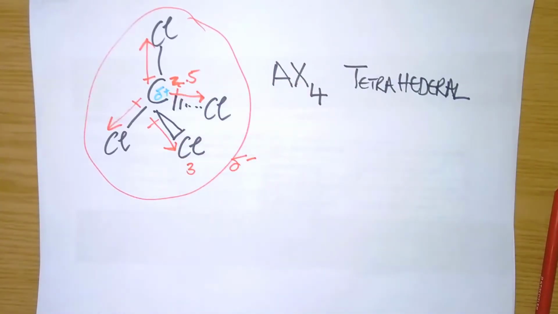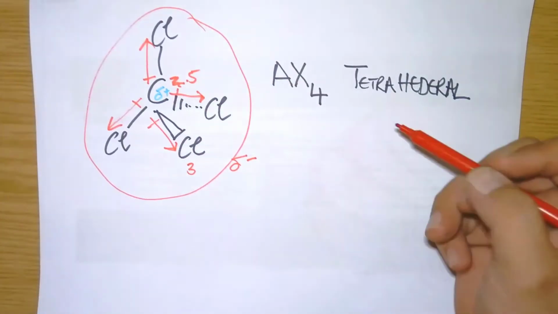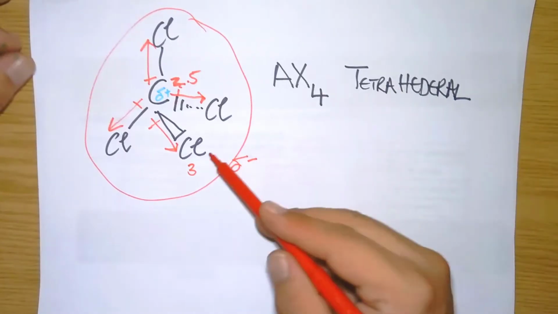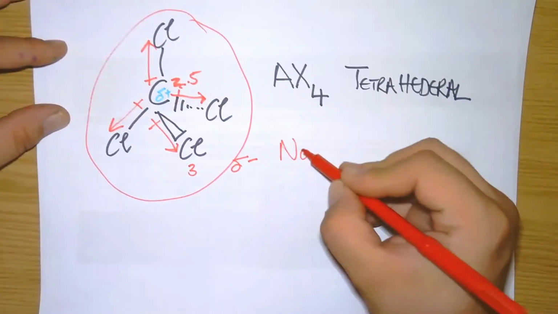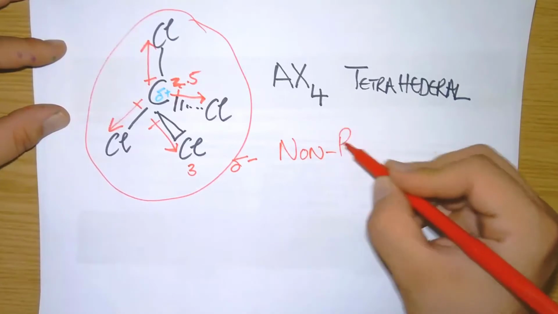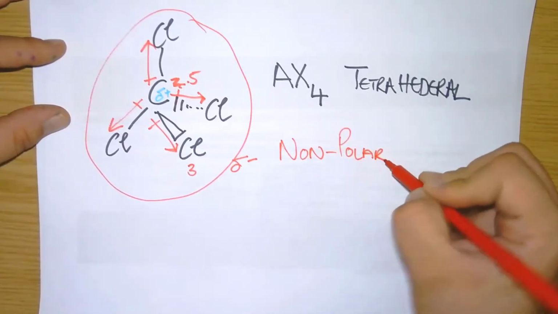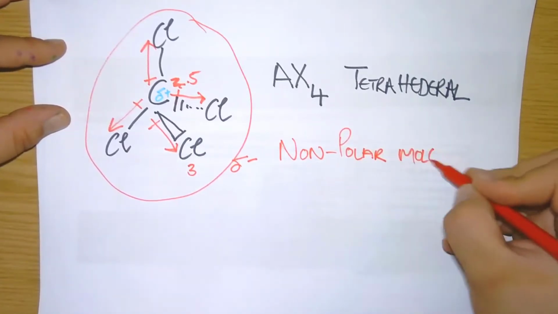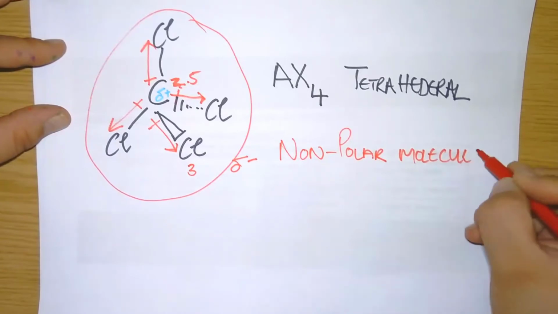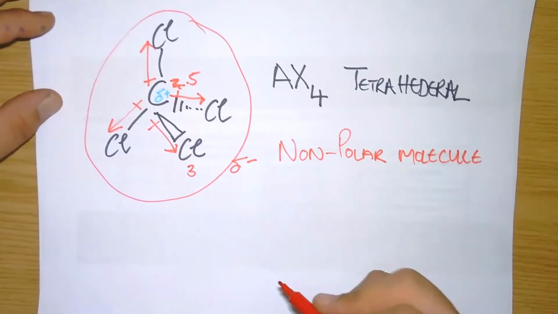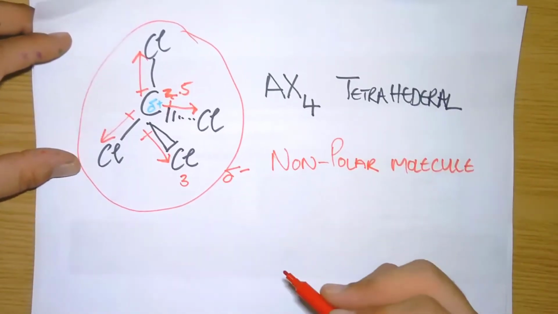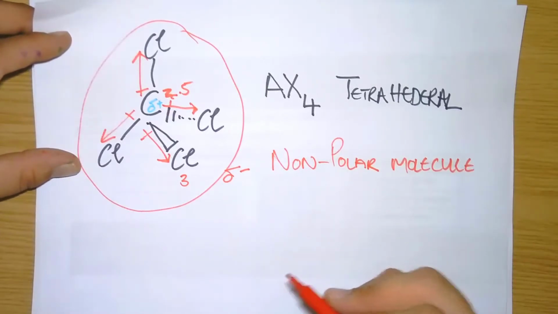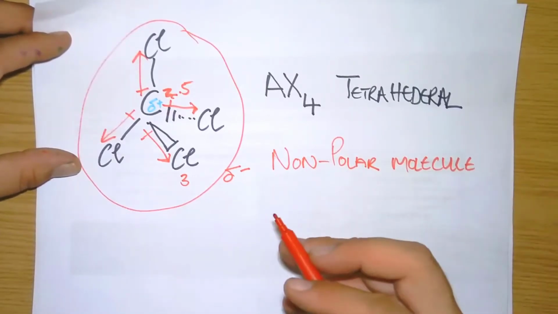Now, AX4, our tetrahedral molecule, is our ideal shape. So this then would be a non-polar molecule.